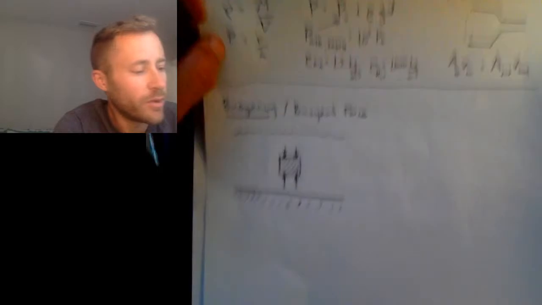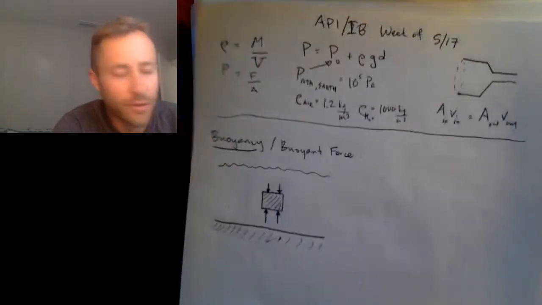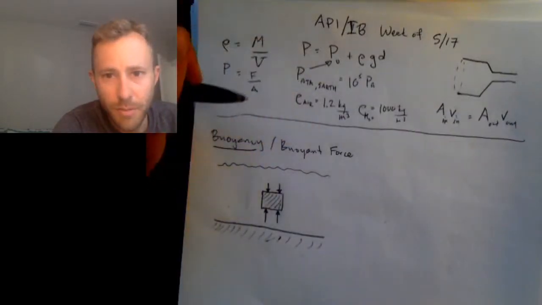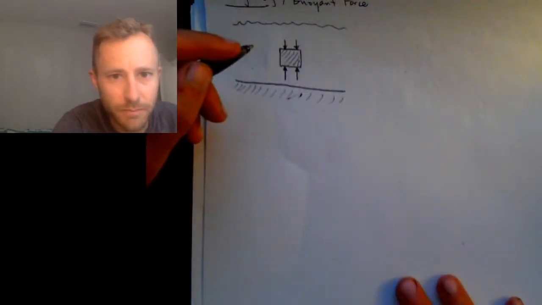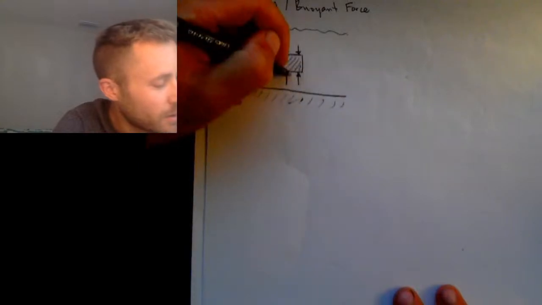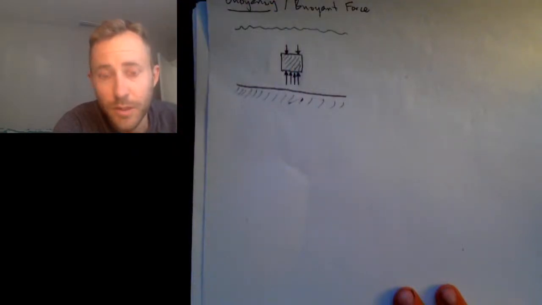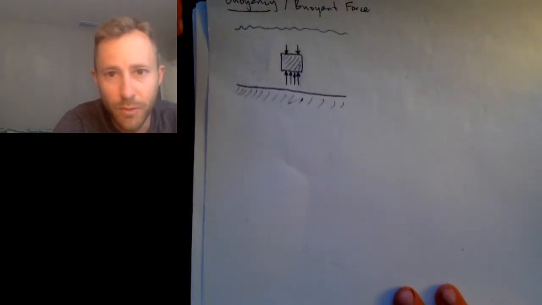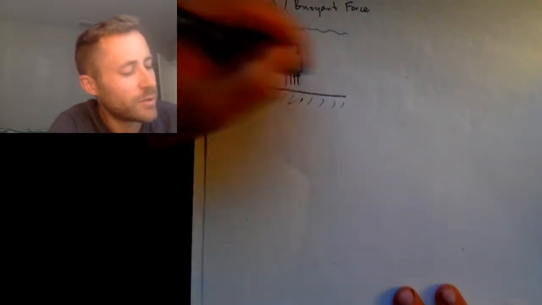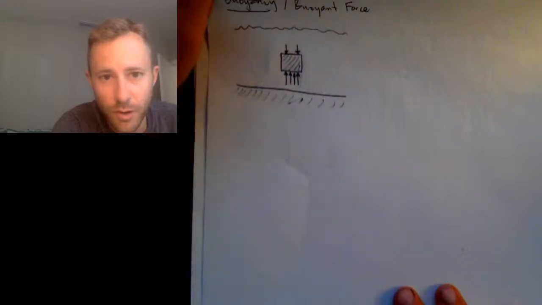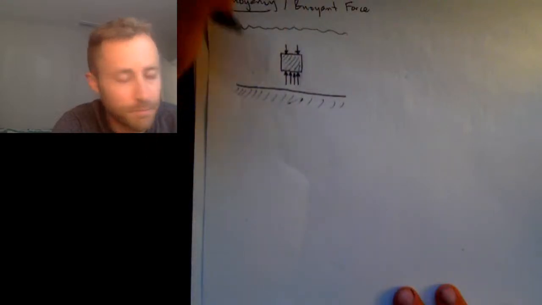We know that the pressure increases with depth. So that means that there is more pressure on the bottom of the object than there is on the top, which means that there is more upward force than downward force. So the net force due to all the pressures is upward.